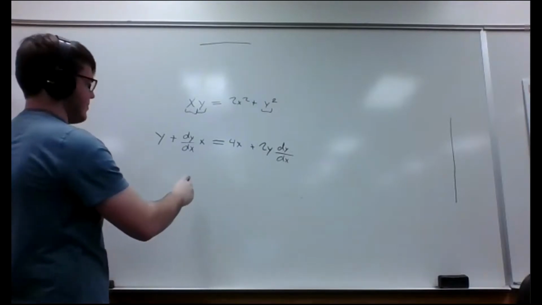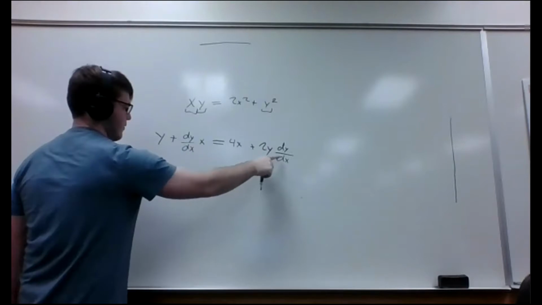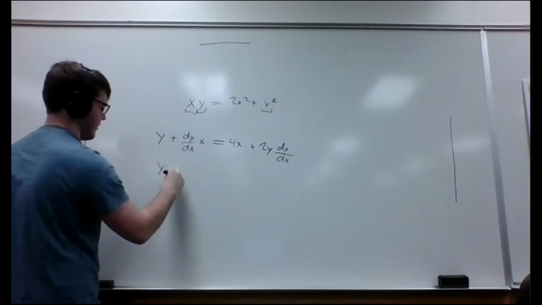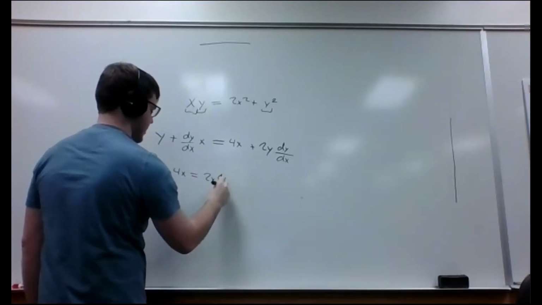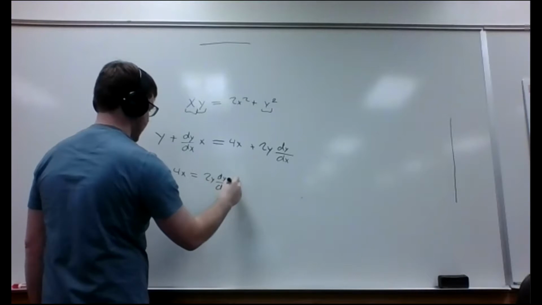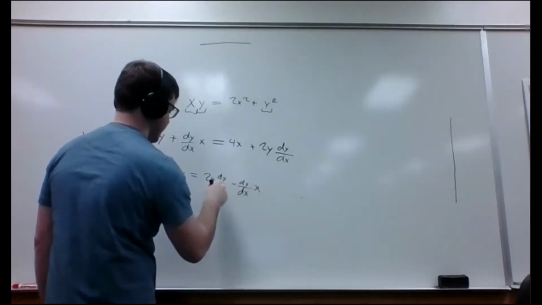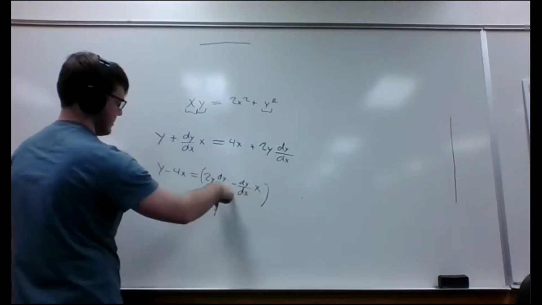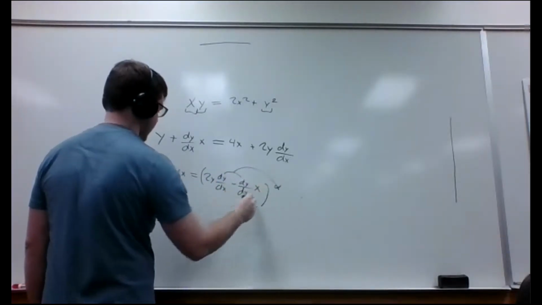And then we're going to simply put all our dy over dx terms on the same side and the other stuff on the other side. So we're going to have y minus 4x is equal to 2y dy dx minus dy dx times x. And if we think about it, it's parentheses, so draw some parentheses, and we can pull both of these out, right?